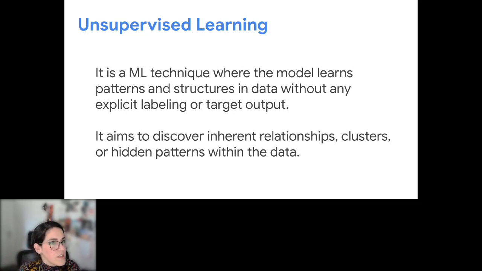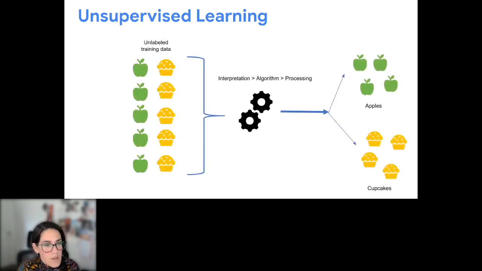So let's see again the example with the apples and the cupcakes. What we're going to give is a bunch of unlabeled training data, right? As you can see there, a bunch of apples and cupcakes, but we are not saying that this is an apple, this is a cupcake. We just give all of those pictures.